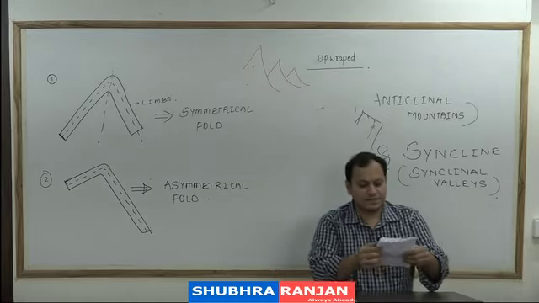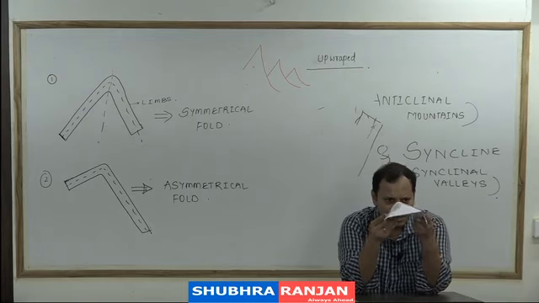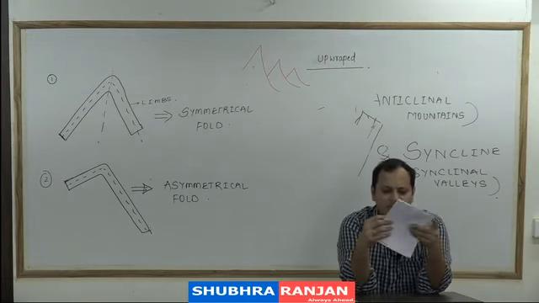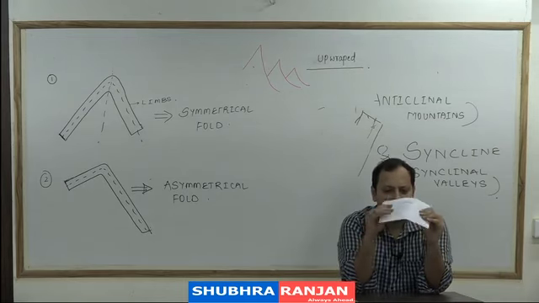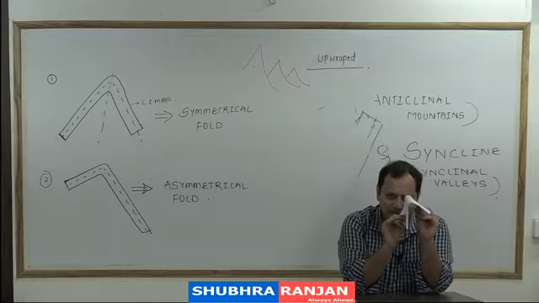If this is our landform and both the limbs are similarly inclined, it will become a symmetrical fold. If not similarly inclined, it will become an asymmetrical fold.